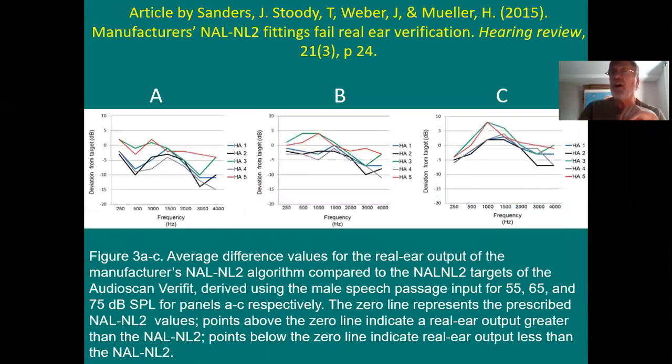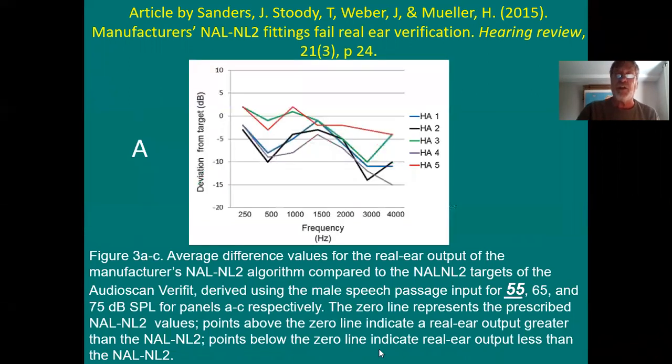Then you're going to the next series of slides here. And this is talking not about their proprietary fitting methods. No, this is talking about how their version of NAL2 differs from the real ear version of NAL2. And once again, you're looking at 5 different hearing aids, the same 5 different companies.